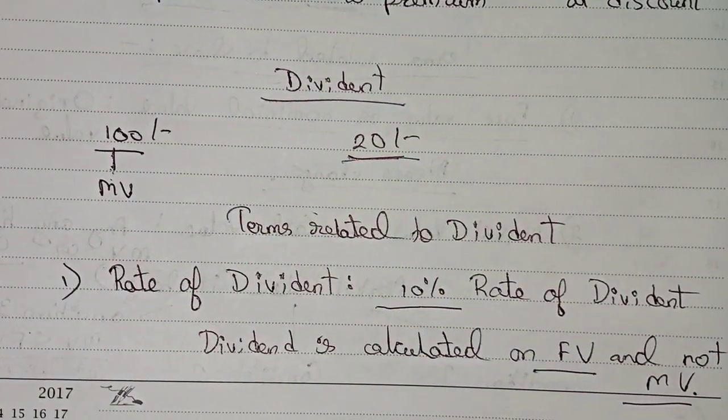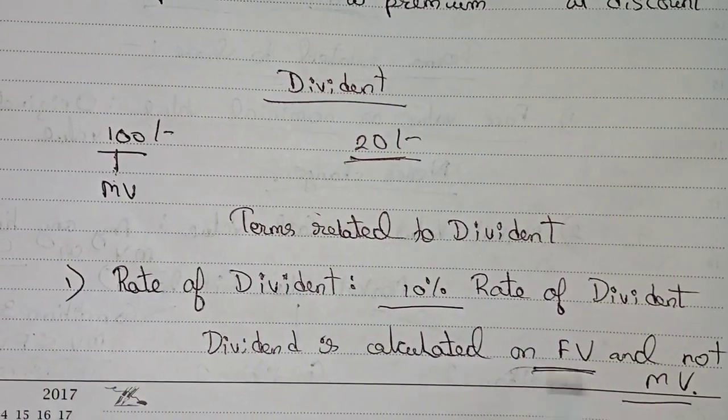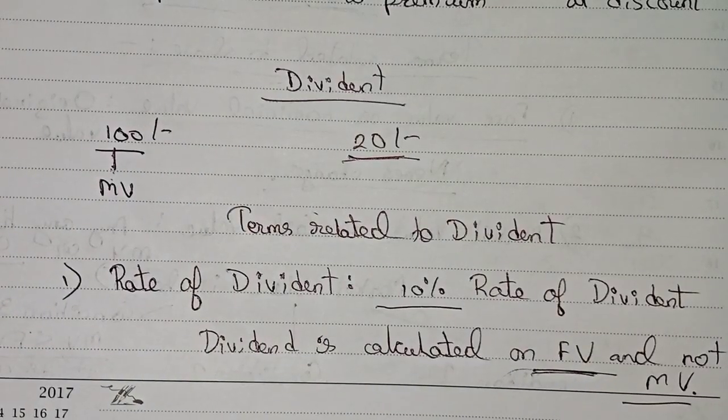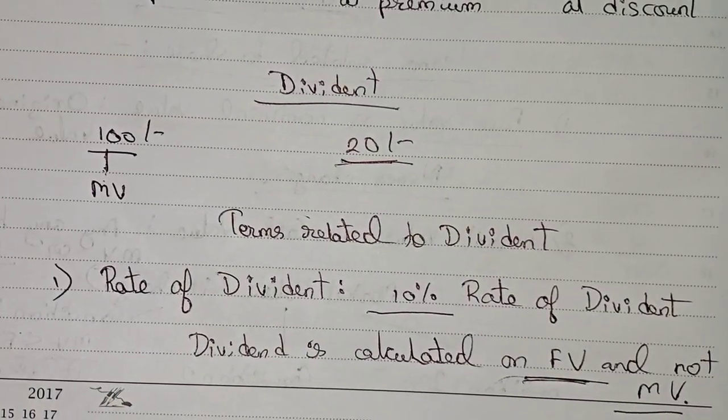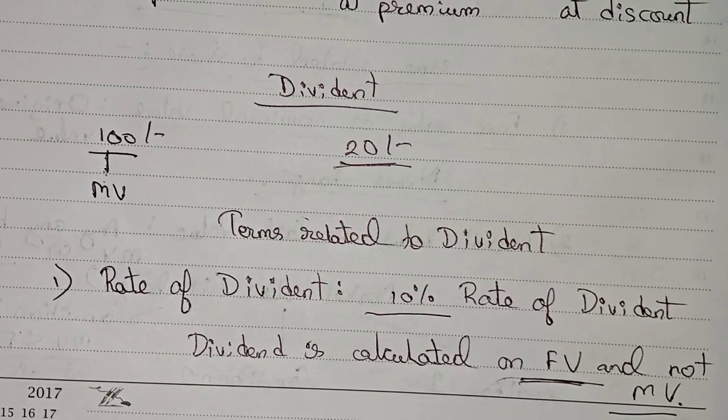It means that a company will only give a dividend or the interest on its original value, that is the face value. Now I will try to learn some of the formulas that are related to the share and dividend.